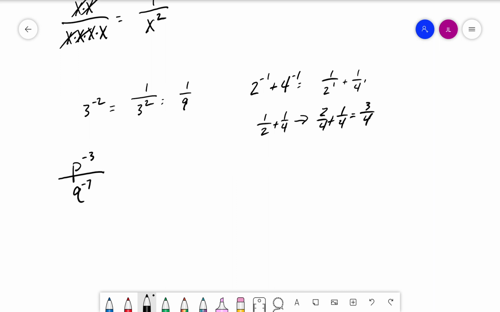If we want to write this with positive exponents, we take our p and move it down below, and we get 1 over p cubed, because whenever we switch over the divisor bar, it changes the sign of the exponent. Now we can also move the q up and change that, so we have q to the 7th over p cubed.